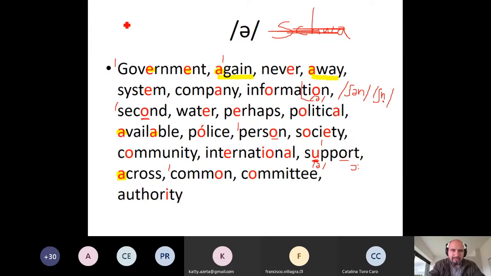For example, the indefinite article can also be pronounced as a schwa: a story, a tale, a song. I like a song, right? That could also be a schwa. Okay.